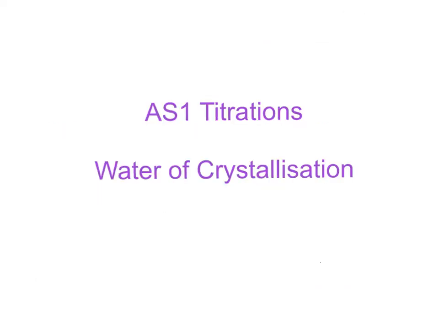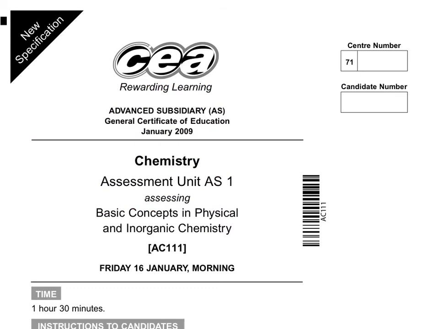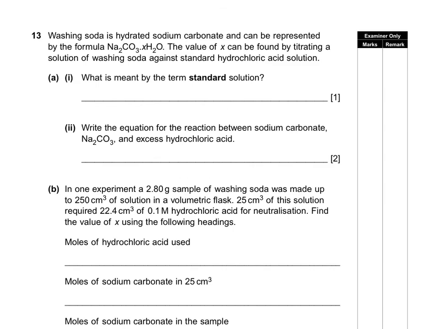The next type of titration that we're going to look at is that where you're asked to determine the number of water of crystallization. So this time we're going to be working from January 2009, and again looking at question number 13. So in this example, and they'll all be very similar, we're looking to determine the number of water of crystallization of sodium carbonate in washing soda.